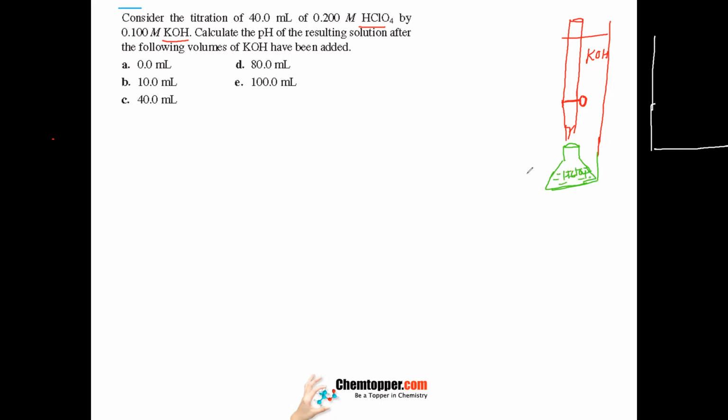It's given in the question. 40 ml. It's given in the question, right? And where should be the pH meter? Where should I place my pH meter? In the conical flask. You will place your pH meter here in the conical flask.